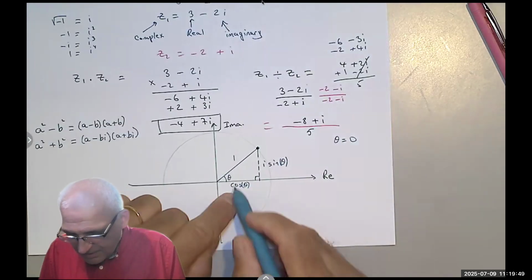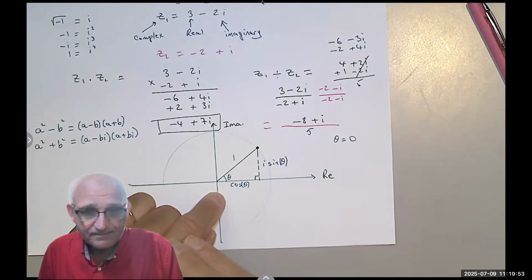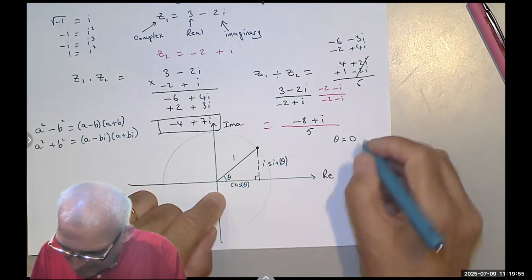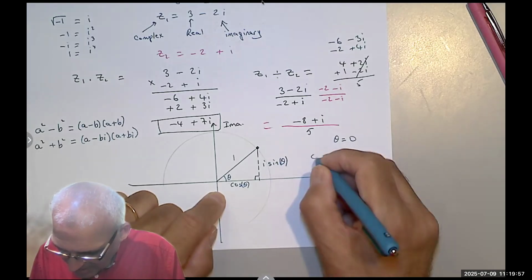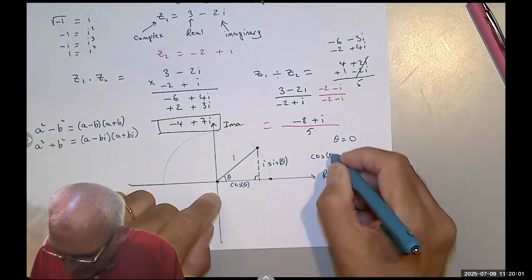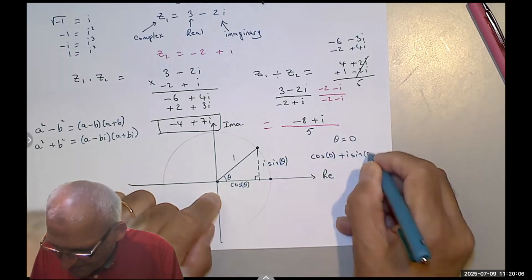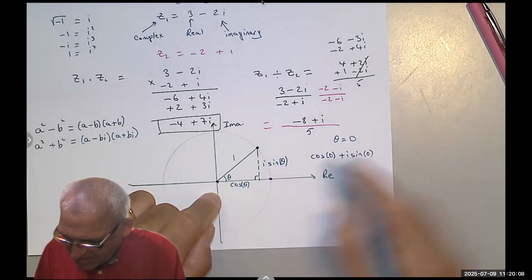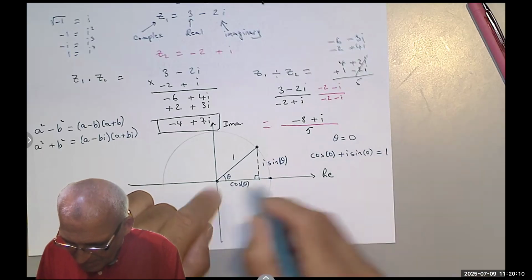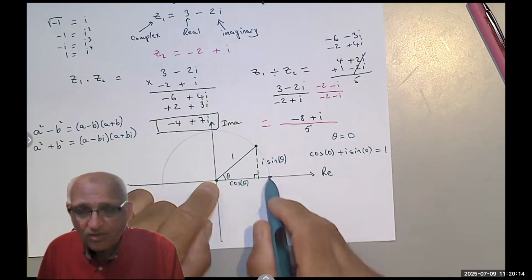So the cosine theta would be 1 and the i sine theta would be 0, right? So from here to here, cosine 0 plus i sine 0. Sine 0 is 0, cosine 0 is 1, so that would be 1. Yes, it is 1. It's the radius on the real axis, so we call it 1.